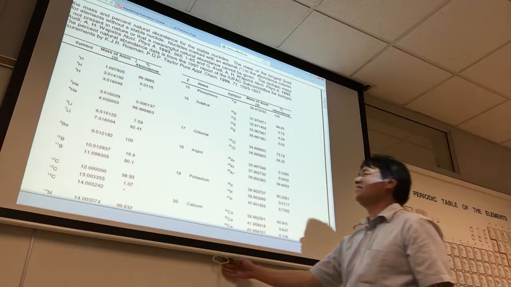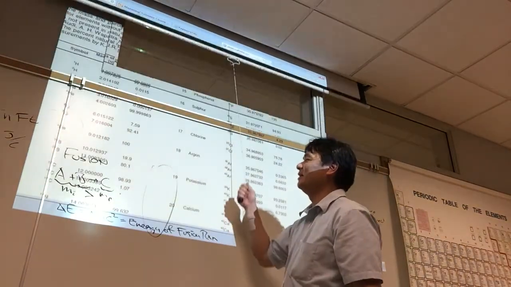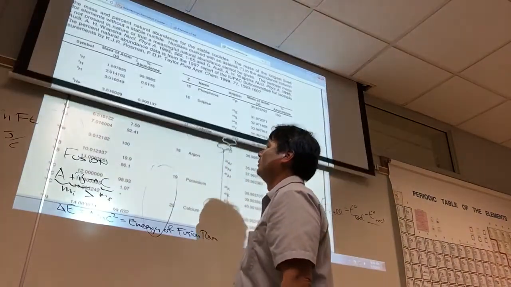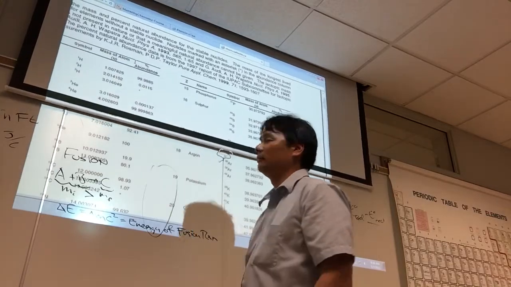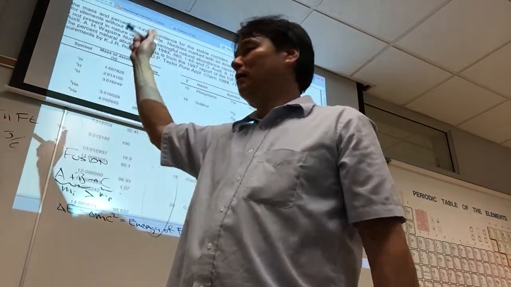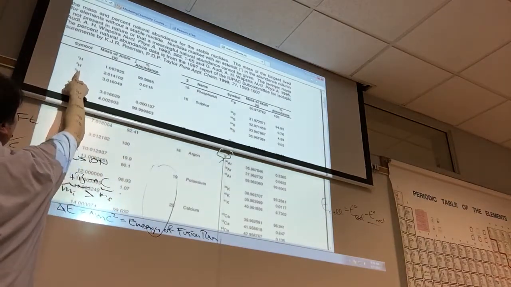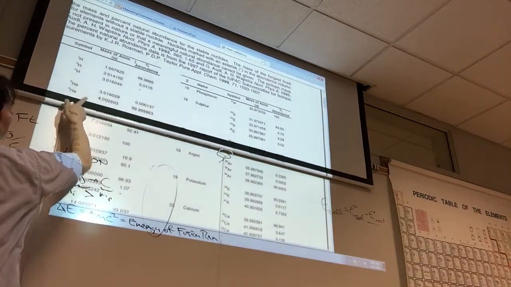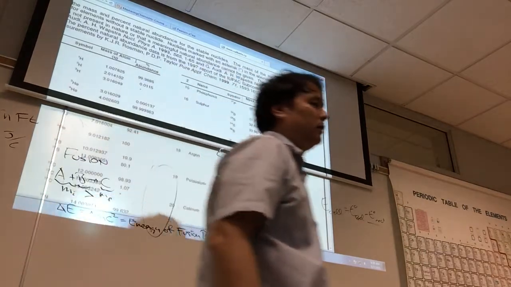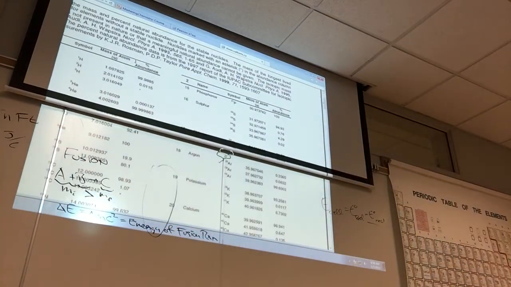So it's pretty simple, actually. You can see the isotopes here. So we're going to take a deuterium and a tritium and make a helium and a neutron. And so the masses are just there.